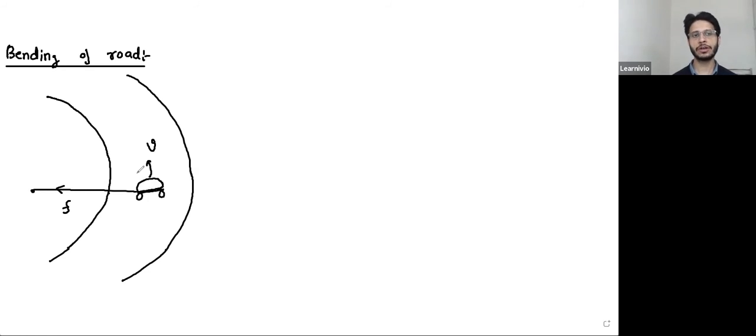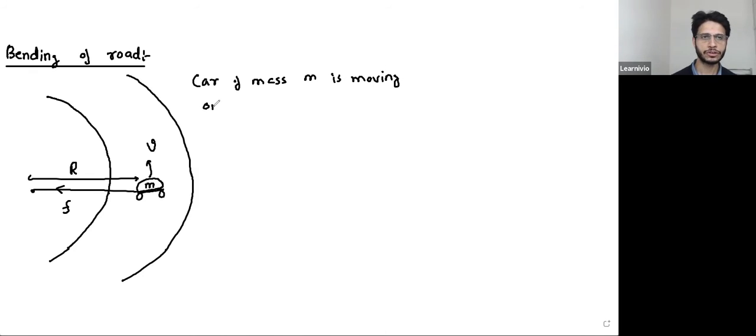Let's say the radius of the circular track is r, taken from the center of the track, and the mass of the car is m. So a car of mass m is moving on a circular track of radius r with speed v.